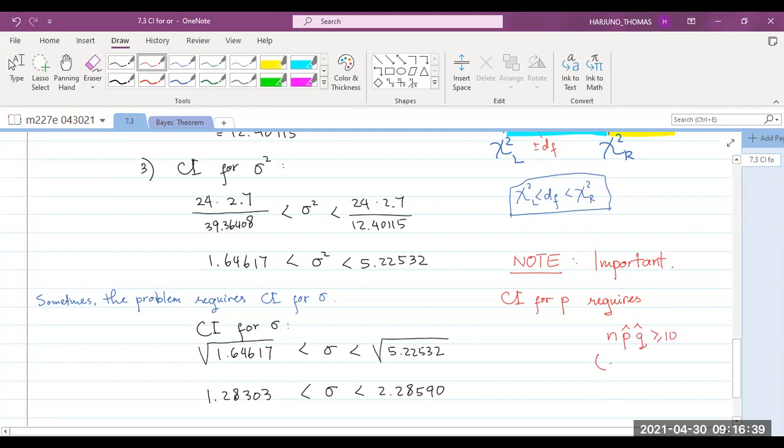Some textbooks just require that n times p hat and n times q hat are at least 5. Some other textbooks. But the stricter requirement is that n p hat q hat is at least 10. That means the sample size will sometimes be around 1000, it could also be around 500, that's also fine, maybe even 50. But this requirement is needed so that the distribution of that p hat gets closer to normality.